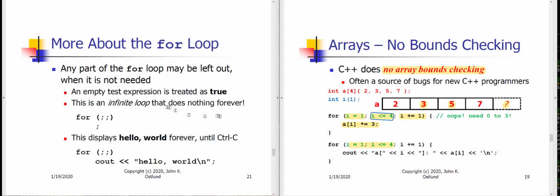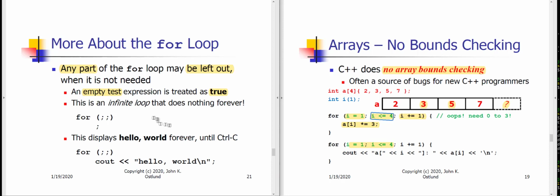Now, it turns out that any of the 4 parts of the for loop can be left out. For example, if you don't have a test expression, C++ assumes that the test expression is always true.